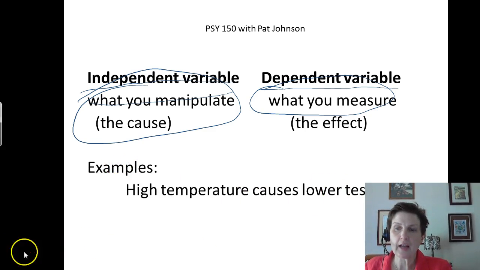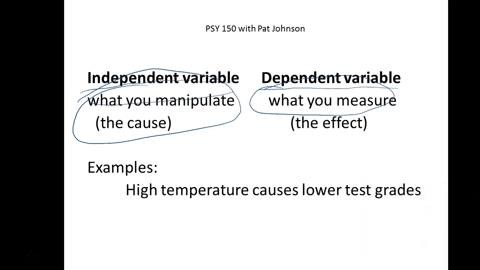If we're saying that high temperature causes lower grades, what would we be manipulating? What would we think would be the cause in this experiment?